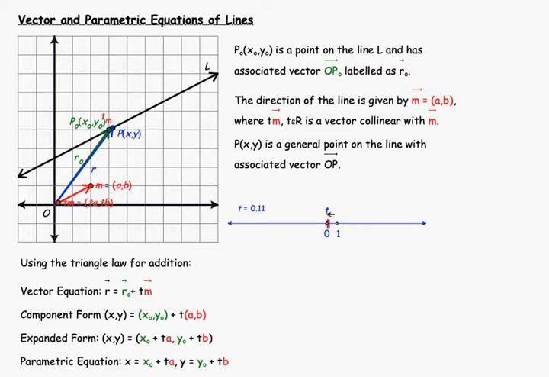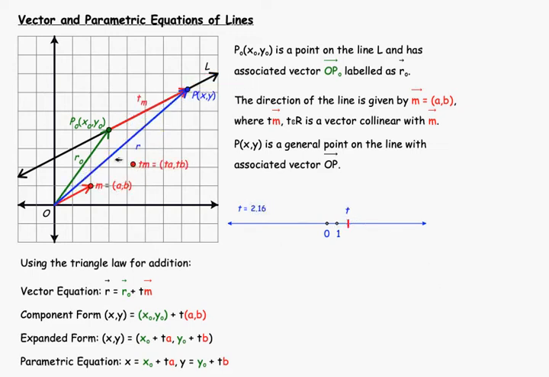If I allow t to be 0, notice I'm right on the point. And then when I allow t to be negative, I'm tracing out points to the left of the line. So again, recapping. If t is negative, I'm tracing out points to the left of the given point. And when t is 0, I am on the given point. And when t is positive, I'm tracing out points to the right of the line.